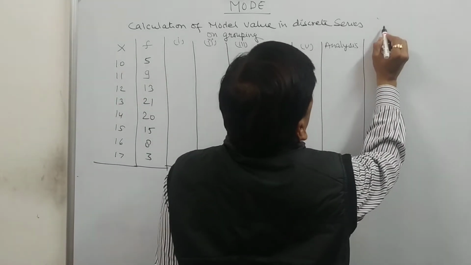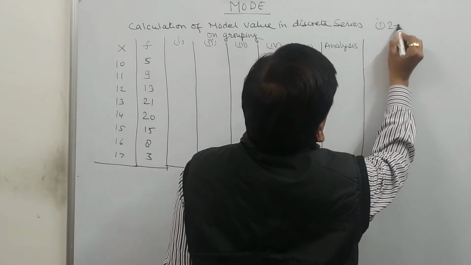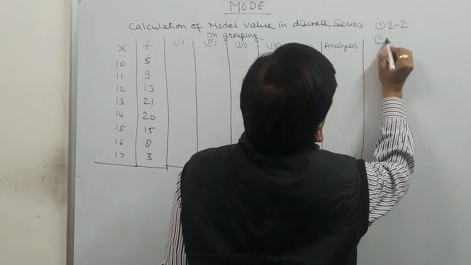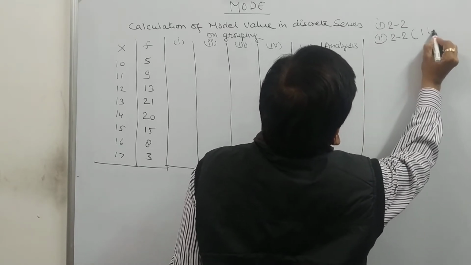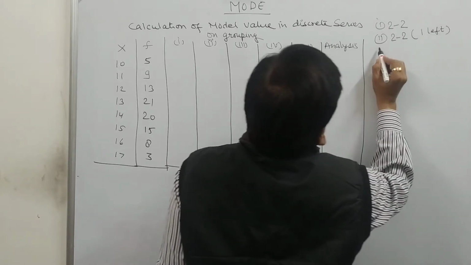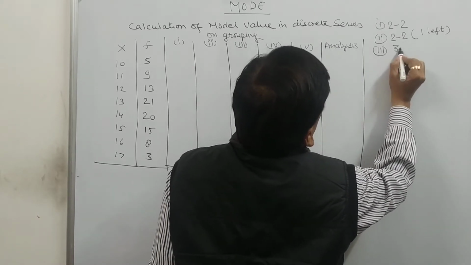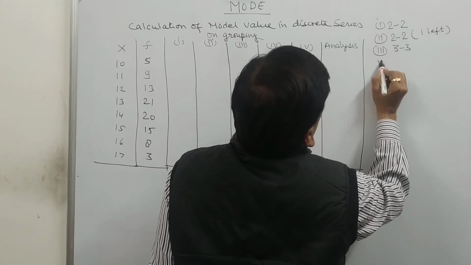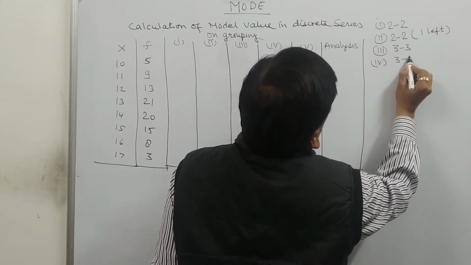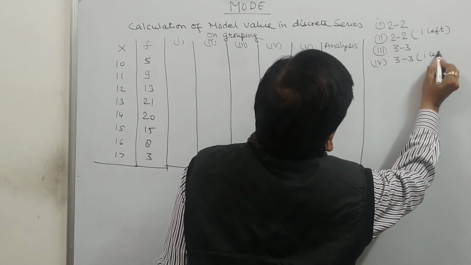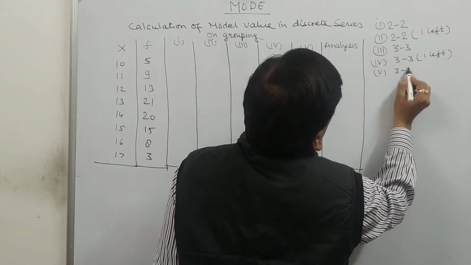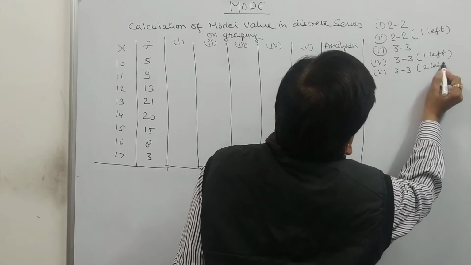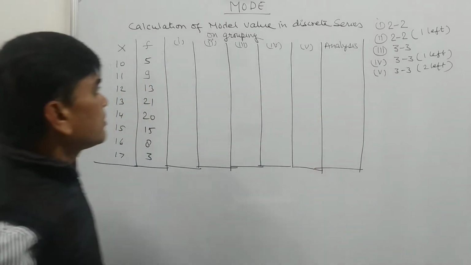Already we know that in the very first grouping we make pairs of 2. In the second grouping, we make pairs of 2, with 1 left. In the third grouping we make pairs of 3. In the fourth grouping we make pairs of 3, with 1 left. And in the last grouping, pairs of 3, with 2 left. We have already discussed this.